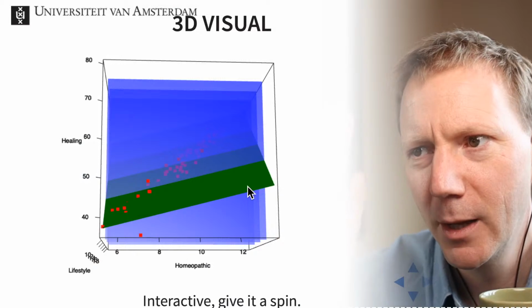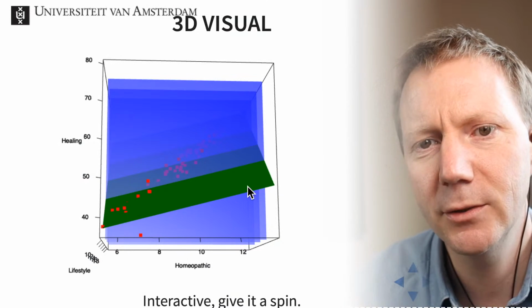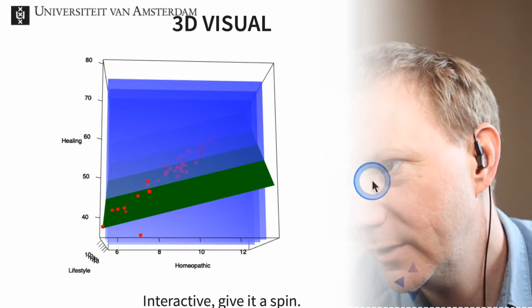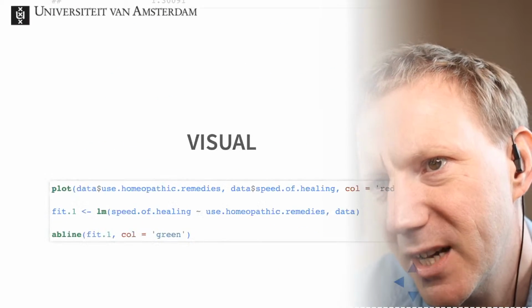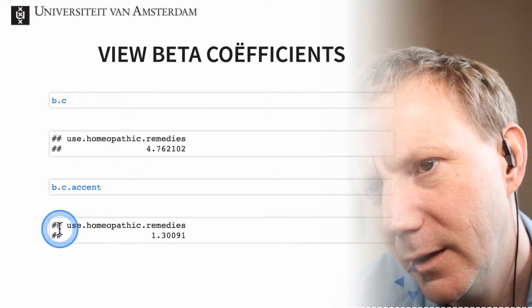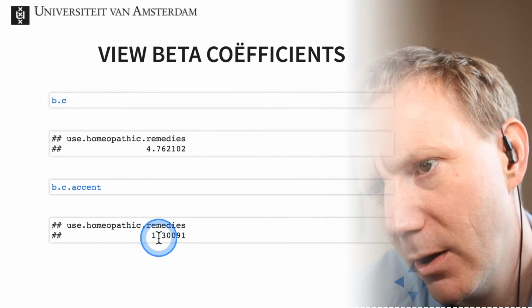And so we saw that without taking the mediator into consideration, it was 4 point something, and let's see, we have the exact numbers here, it was 4.7, and with the mediator taken into consideration, so the C accent, it's 1.3.